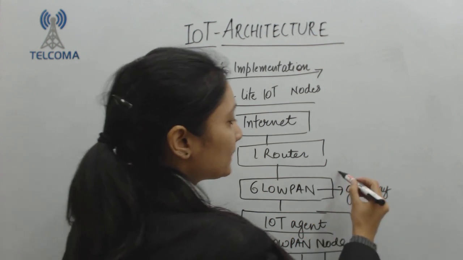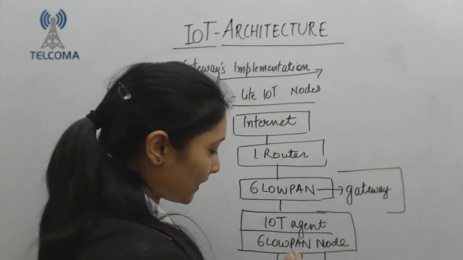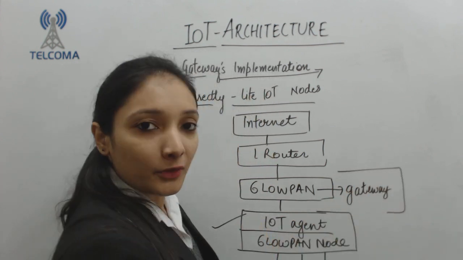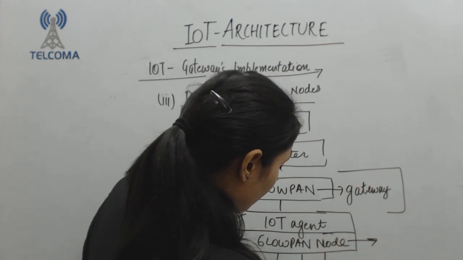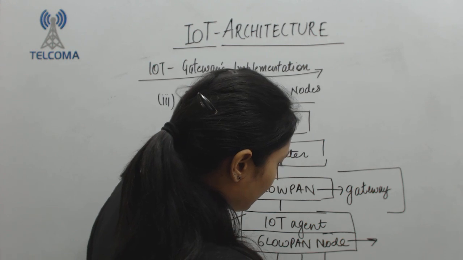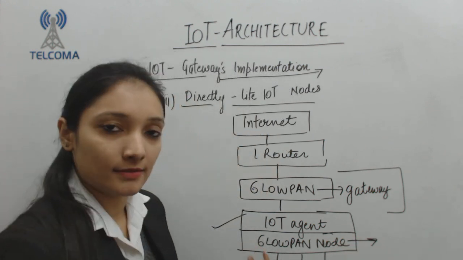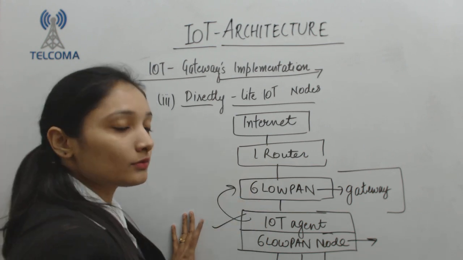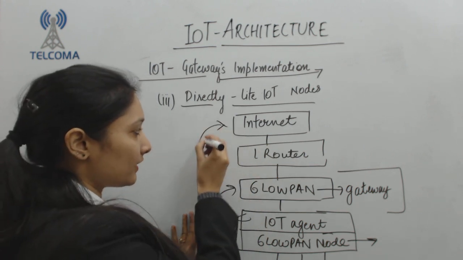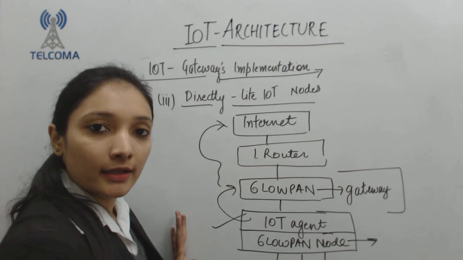So this is the gateway, this is the IoT agent, and this is the node supporting these systems. It gathers information and transfers it to the gateway, and then the gateway routes the information to the internet.